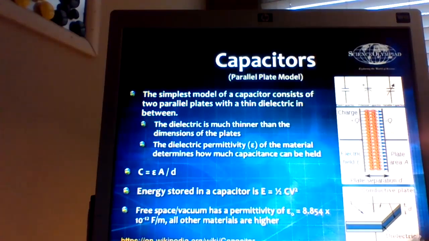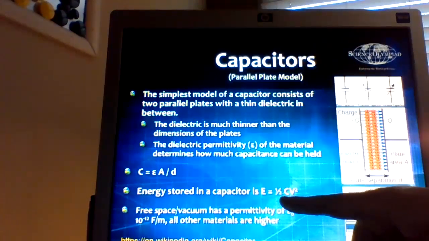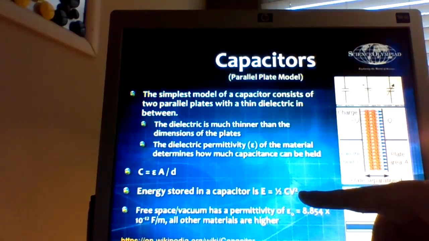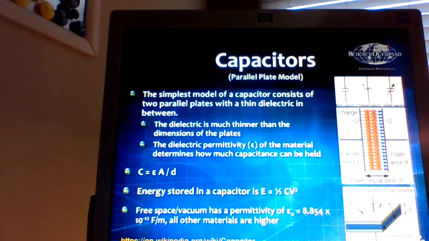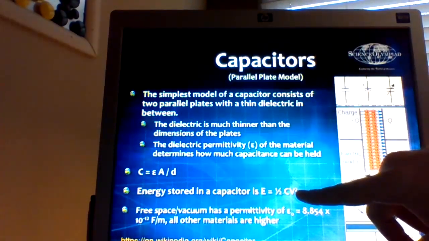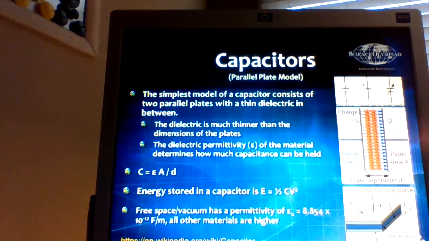The energy stored in the capacitor is E is equal to 1/2 CV squared. That looks like the old formula for kinetic energy, and you're not alone in noticing that.